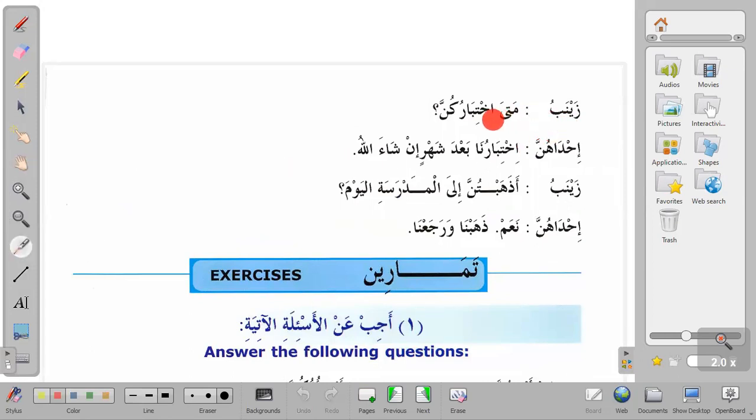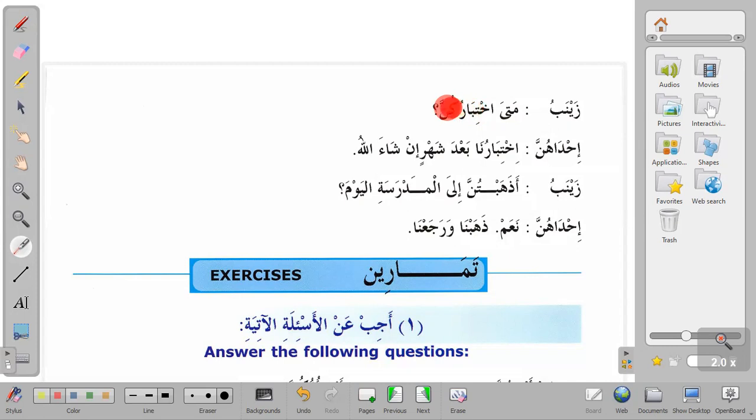So Zainab, متى اختباركن? So اختباركن. When is your examination? اختبارun, without the kunna, just remove this kunna. اختبارun means examination. So متى اختبار, not اختباركم. When you use اختباركم, you are addressing several males or several boys.